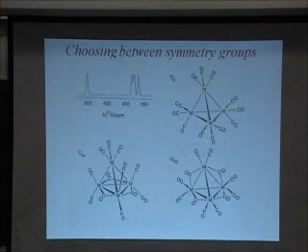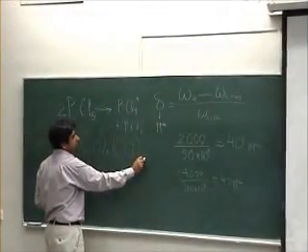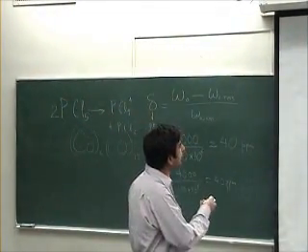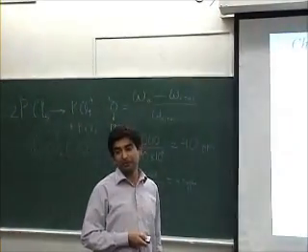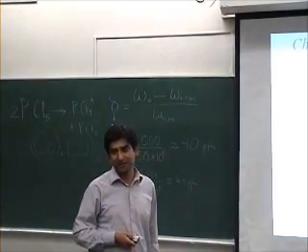But if you take this organometallic compound, you get 4 peaks of the oxygens, which means that there are 4 kinds of oxygens, 4 different environments in which the oxygen can be.